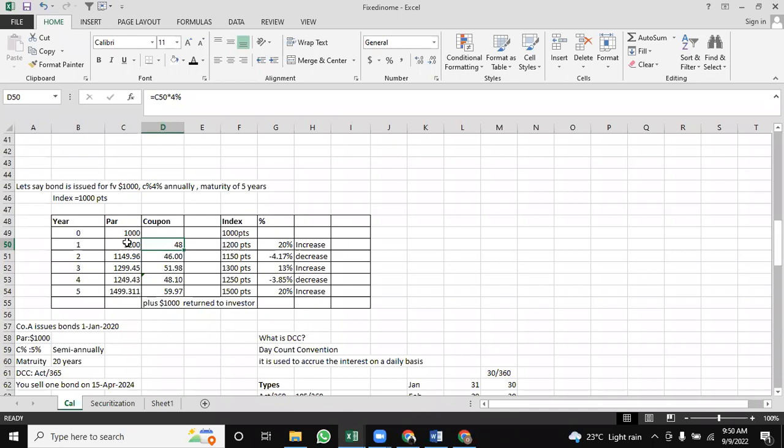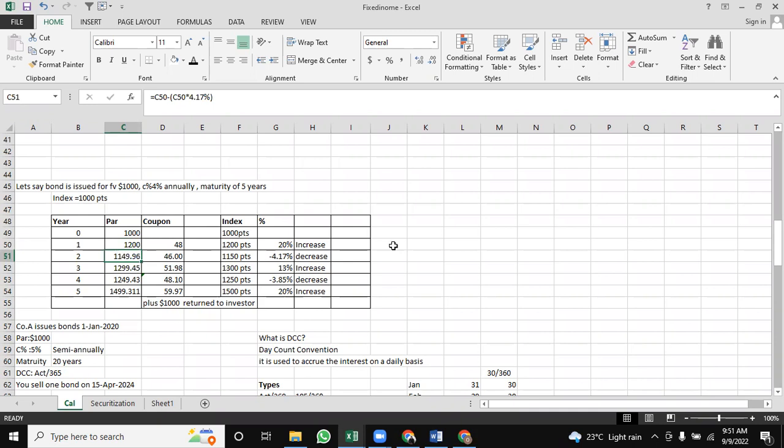Next year, the index went down, which was a 4.17% fall. So the par also goes down by 4.17%, and now you get 4% on this as your coupon. Does it make sense now?